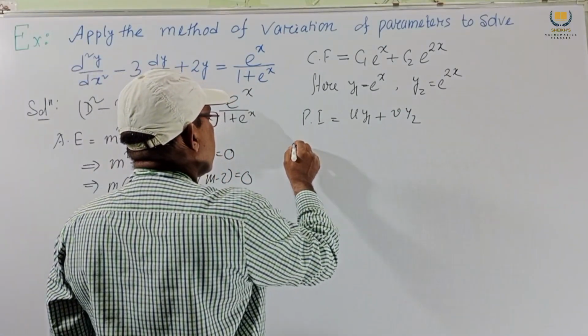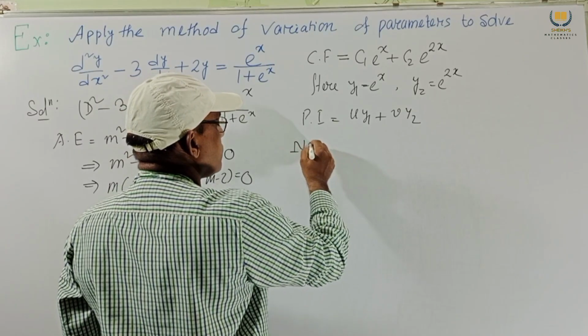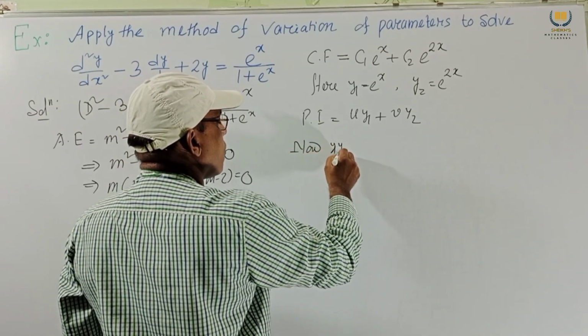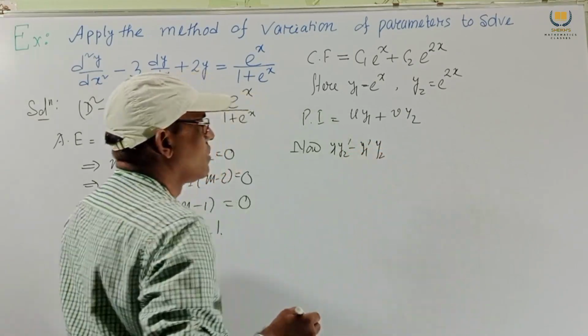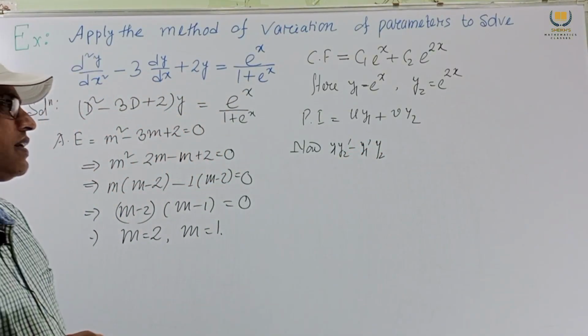Now first you have to find y1 y2 dash minus y1 dash y2. What is the value of this?